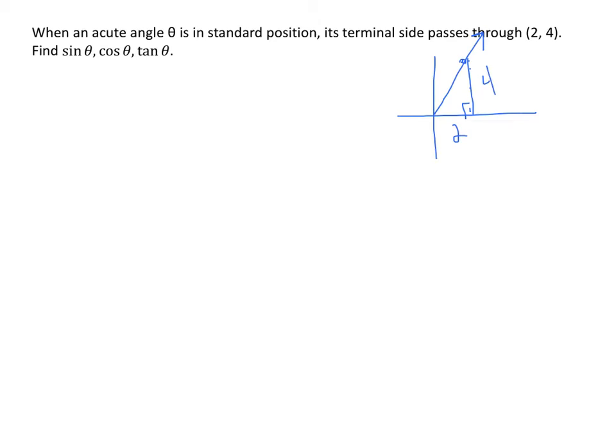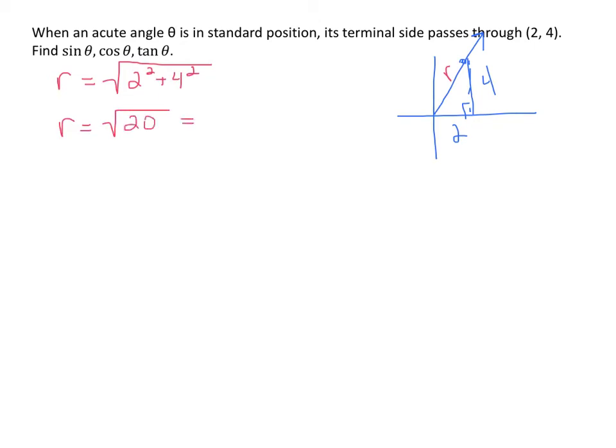First thing I need to do is calculate the value of r. This is a right triangle, so we can use the Pythagorean theorem to calculate the value of r. Remember that r is the square root of 2 squared plus 4 squared. So r is equal to the square root of 20.